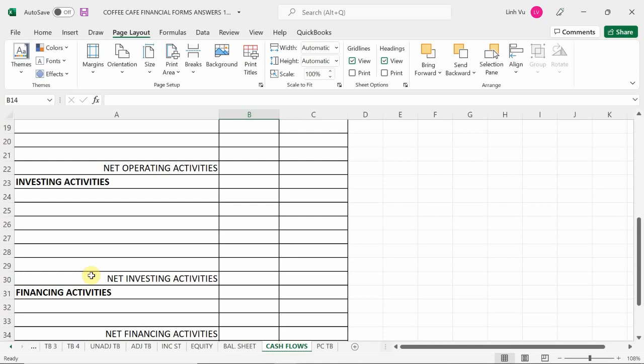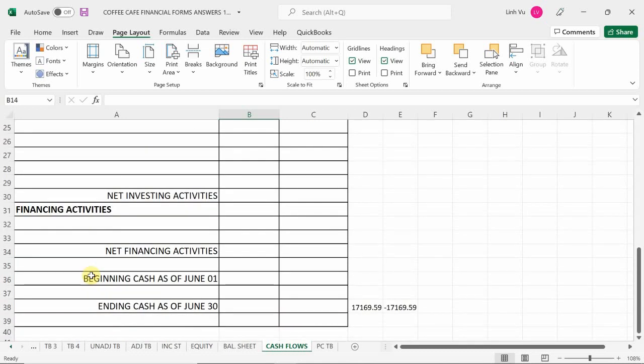The second section, your investing activities, is going to be your fixed assets, because that's what you invested into your company in order to do the job. What are the things that you invest into the company? And then your financing activities is going to be anything that has to do with your equity and long-term liabilities.